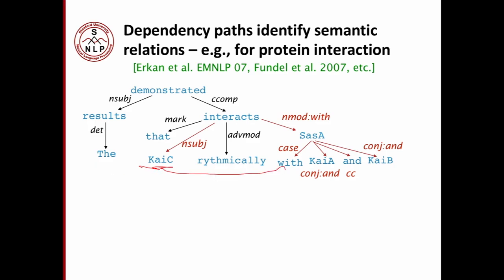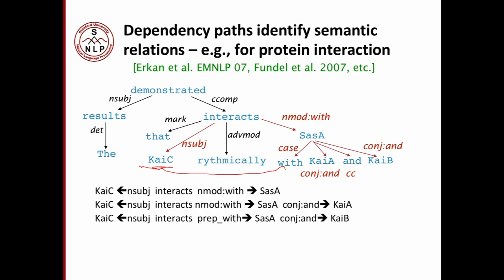And the way we can do that is looking at patterns in our dependency analysis. So we can see this repeated pattern where you have the noun subject here, interacts, with a noun modifier, and then it's these things that are beneath that, the Sus-A and its conjoined things, Chi-A and Chi-B, that it interacts with.